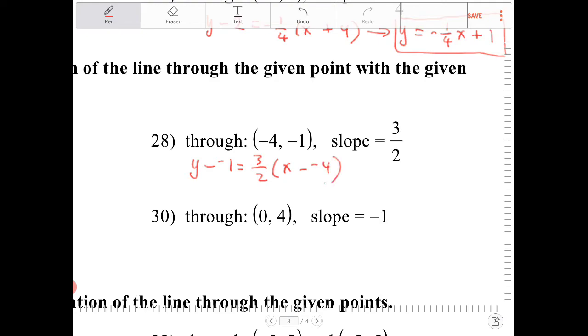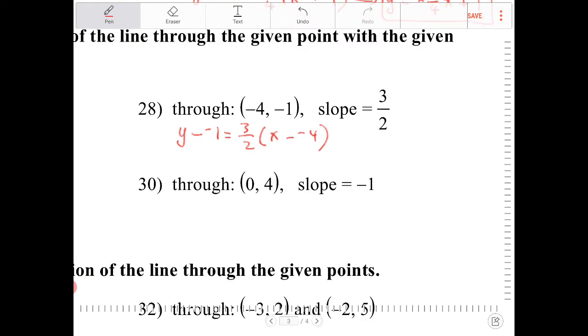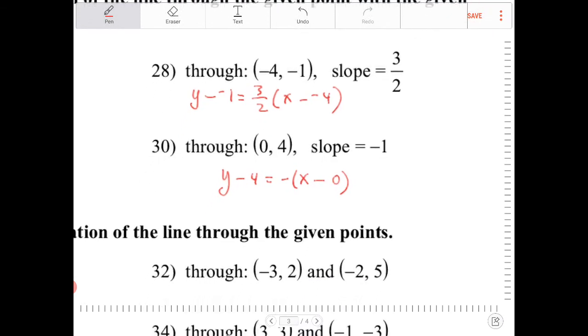And actually, you can leave your answer like that. For this reason, this is why I actually prefer writing the equation of a line in point-slope form over slope-intercept form. Next one here, this is y minus 4 is equal to -x plus or minus 0. You can leave your answer like that.